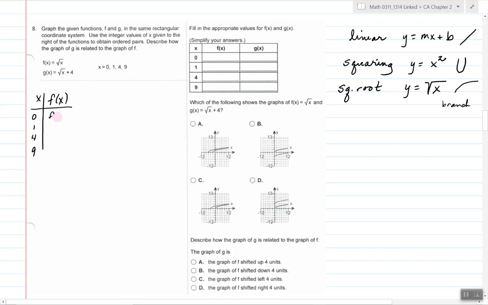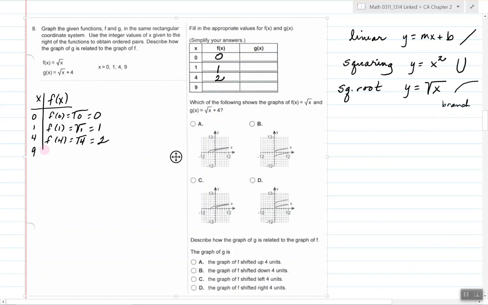F of 0 is the square root of 0, which is 0. F of 1 is the square root of 1, which is 1. F of 4 is the square root of 4, which is 2. And f of 9 is the square root of 9, which is 3.